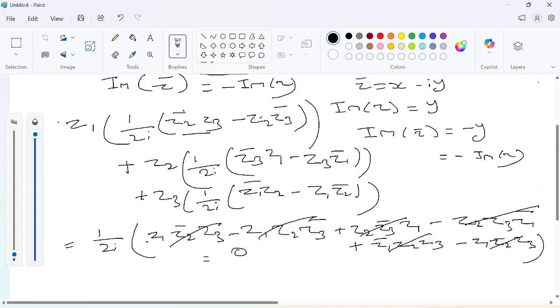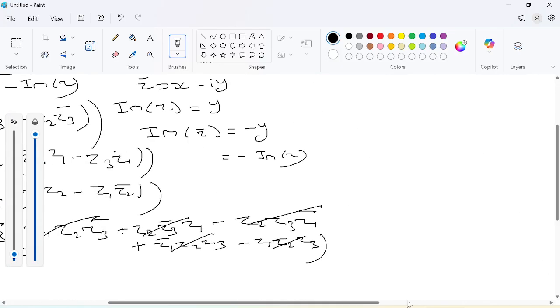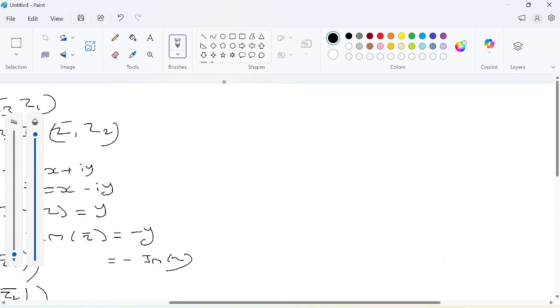Okay. Now we'll see one more concept called modulus of complex number.